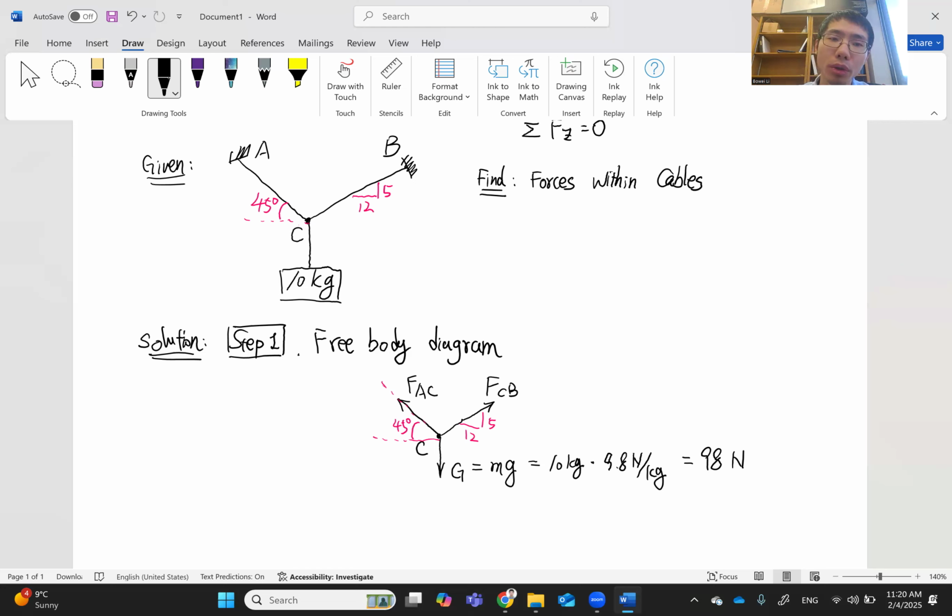You cut out a part of the structure, and the part that we cut out is particle C. In addition to that, you replace every part that used to connect it to the part that you cut out by corresponding forces. Specifically here, you represented cable AC, cable BC, and the object respectively by force FAC, FCB, and the gravity.